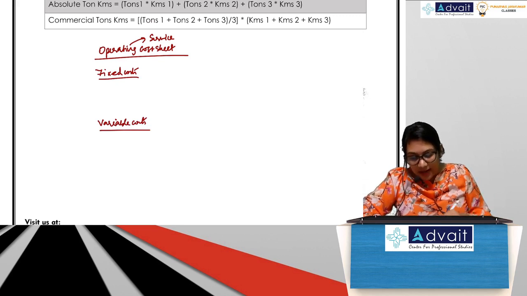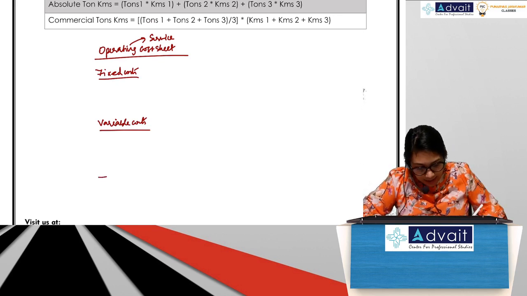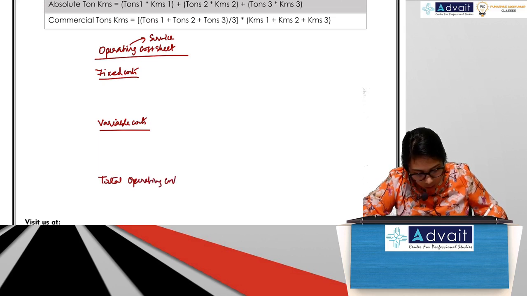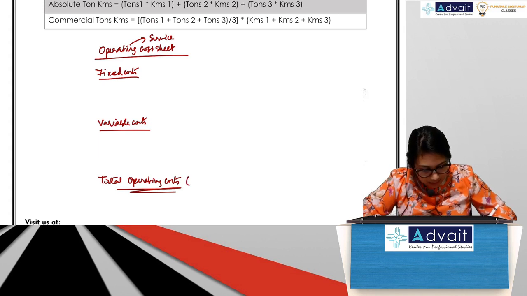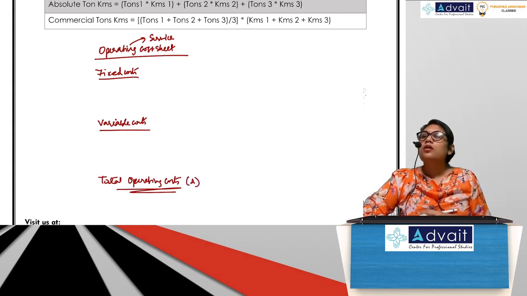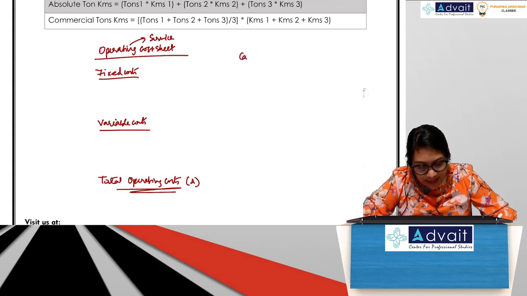So we will divide our entire operating cost sheet into two parts, fixed cost and variable cost, and then we will calculate the total operating costs. Okay, so let's say that this total operating cost is A. Okay, then what will you do?